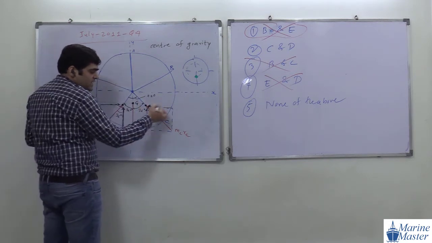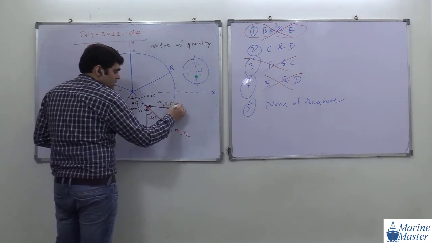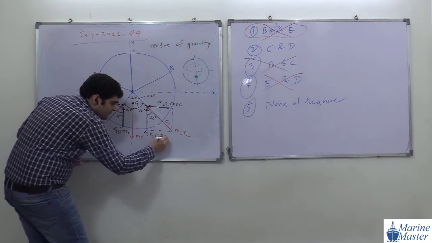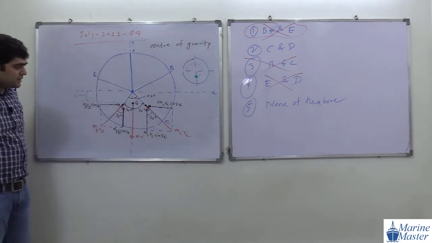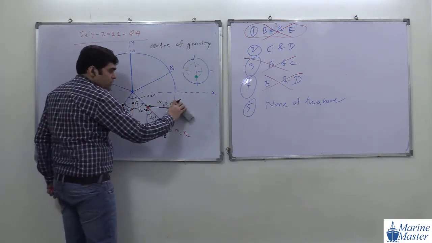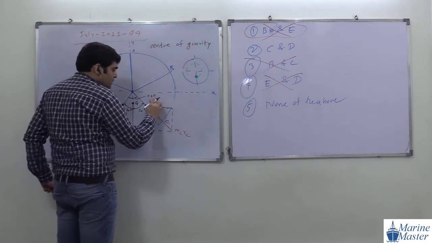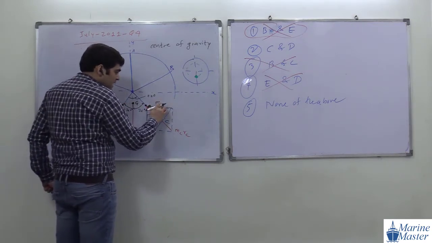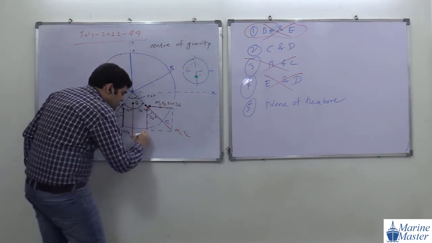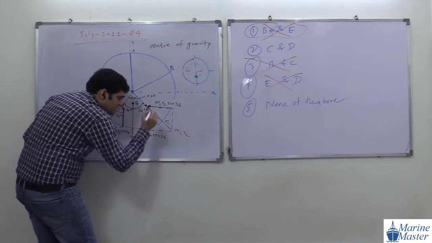So this horizontal component will be MCRC cos 36, and the vertical component will be MCRC sin 36. Is it okay? Correct or wrong, guys? Wrong. Okay, good. So this one will be MCRC sin 36. And this will be MCRC cos 36. Okay, check it once again.